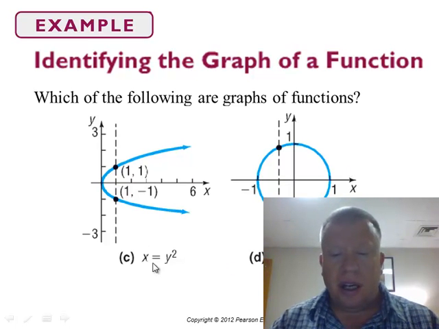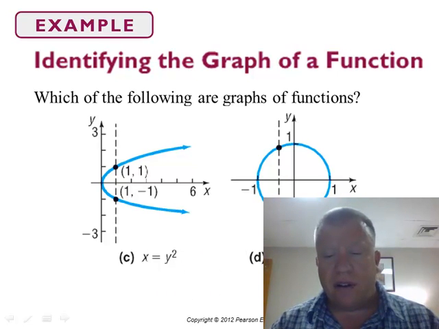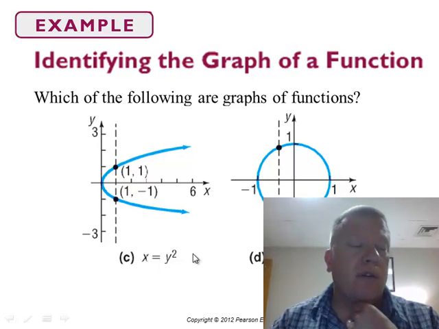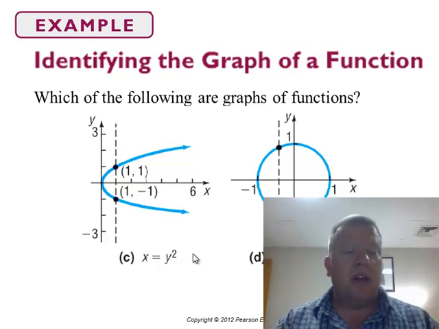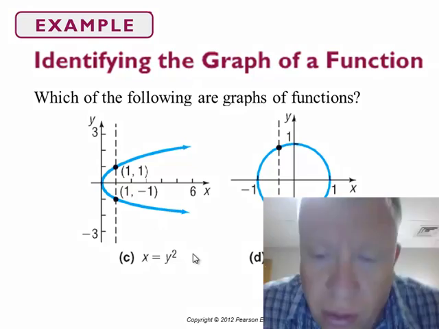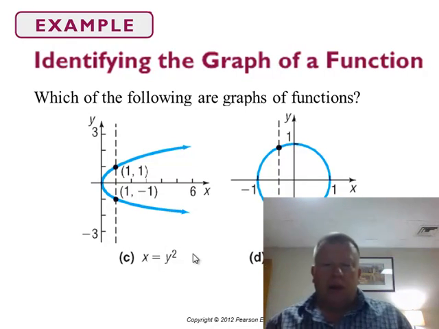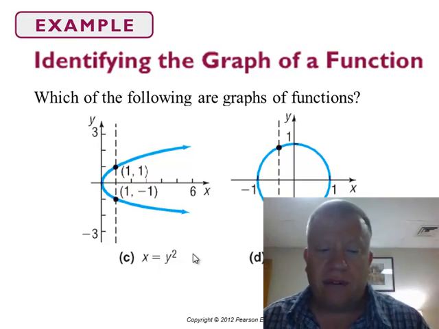And indeed, both of these equations are not functions where y would be a function of x. Y is not a function of x. Now you could say that x is a function of y, but that's not really what we're talking about here. When we talk about functions, we'll usually understand y to be a function of x.